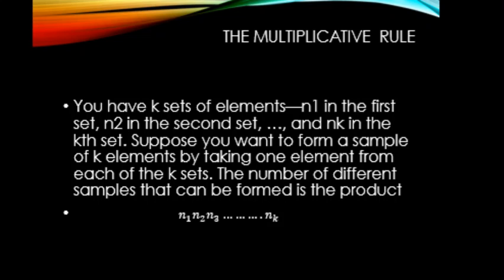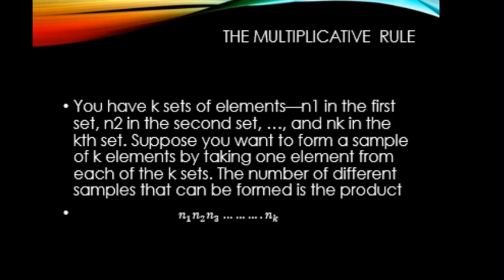Okay, now let's look at a couple of counting rules just to figure out the total number of events that occur for a given experiment. So let's say we have k sets of elements. N1 is the first set, N2 is the second set, and Nk is the kth set.